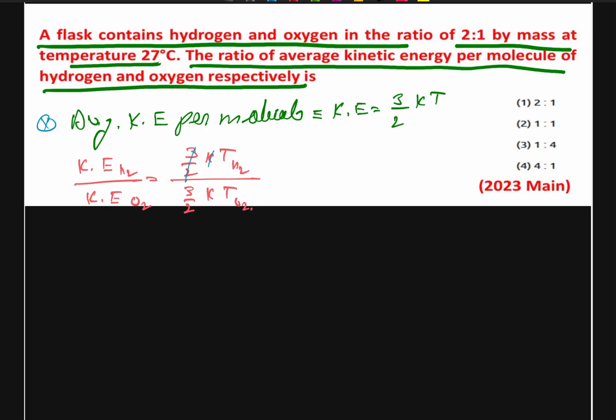So this 3/2 k cancels out and both are kept at the same temperature. So therefore this temperature also goes away and this ratio comes as 1:1. So option 2 is correct.